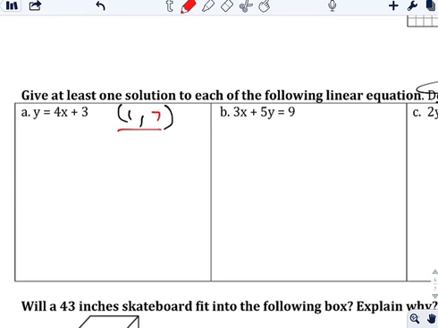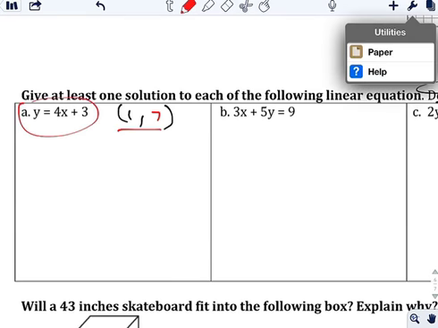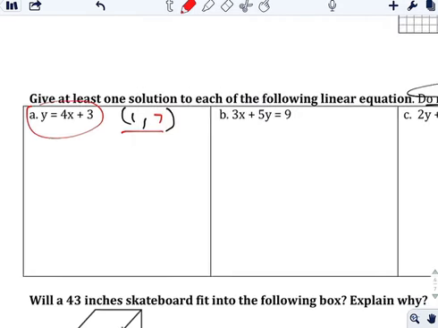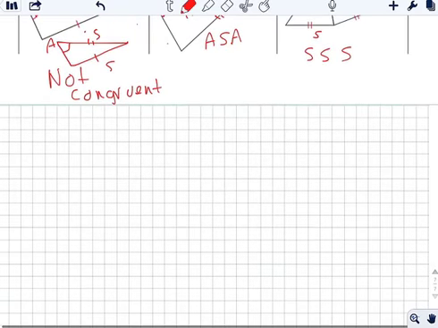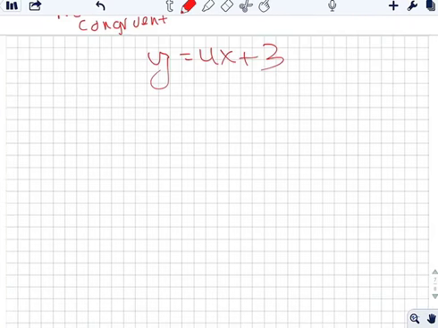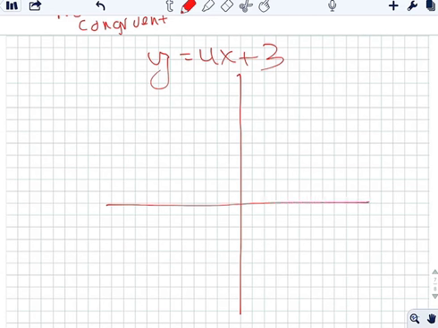That's 1, 7. I'm going to graph this on graph paper for you to see. Okay, we're going to take graph paper, and we're going to graph y equals 4x plus 3. Now, when you graph that on graph paper, 4 at 3, you go up 4 over 1, up 4 over 1, and down 4 over 1, down 4 over 1.